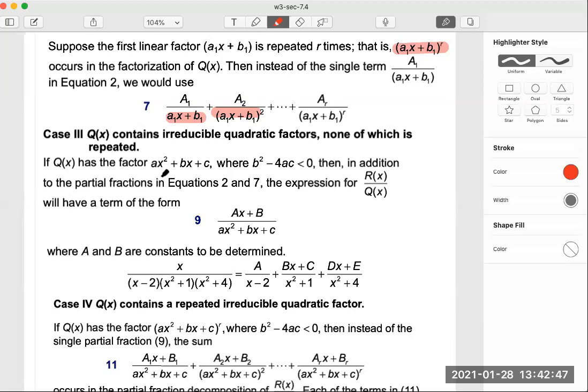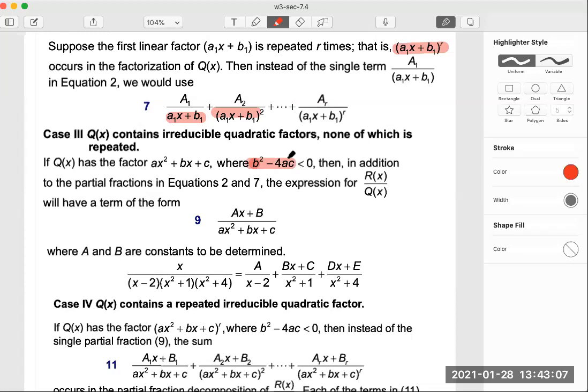We call a quadratic irreducible when there's no real solution, or the discriminant b squared minus 4ac is smaller than 0.